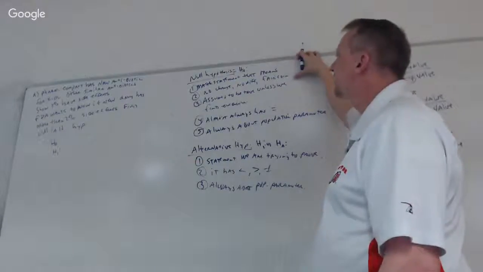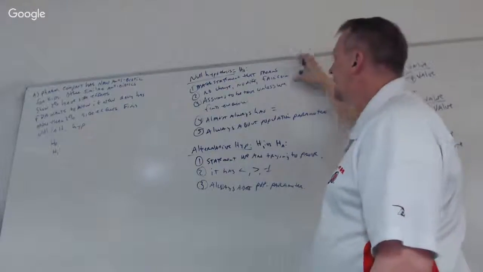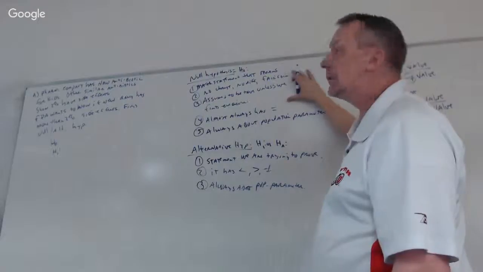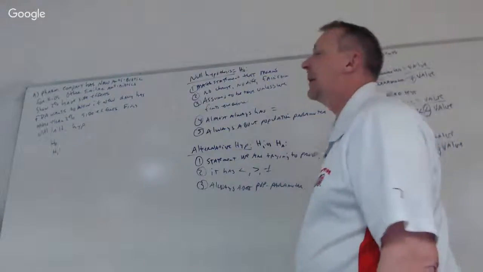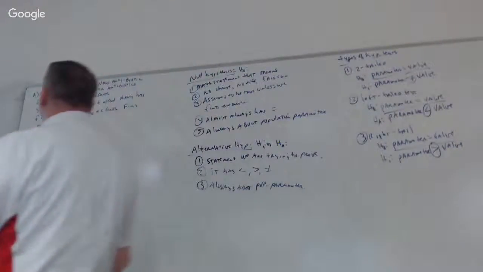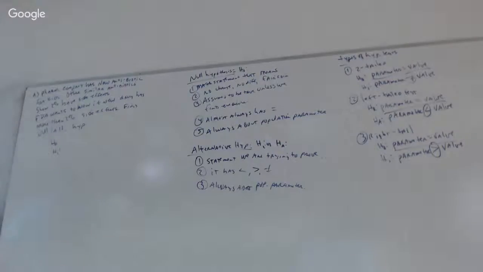It's assumed to be true unless we find evidence otherwise. Almost always has an equal sign, and it's always about the population parameter. So I'm going to help you out here. You're going to have to find some sort of a math statement that has an equal sign in it. And what equals what?